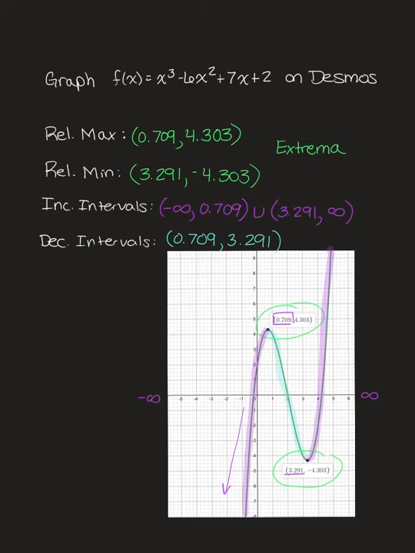Okay, and so if you notice, between your increasing and decreasing intervals, you should have the entire x axis covered. So we start from negative infinity, we go to 0.709, then we pick it up back down here at the decreasing interval and go to 3.291. We pick that up back on increasing, and then we go all the way to infinity. Okay, we'll do some more examples.